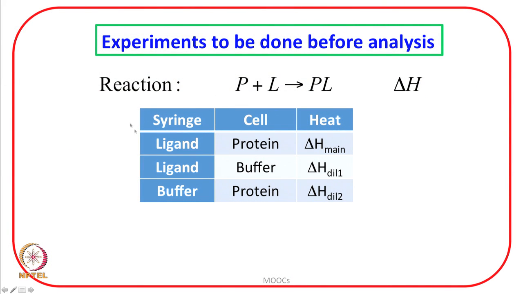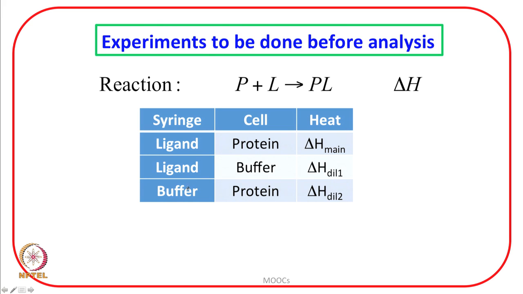The first experiment is you take ligand in the syringe, protein in the cell, and let us say the associated value that we measure is delta H. I will explain how to get this delta H. The second experiment should be ligand in the syringe and buffer in the cell, and what we will measure is the enthalpy of dilution of the ligand, delta H dilution 1.